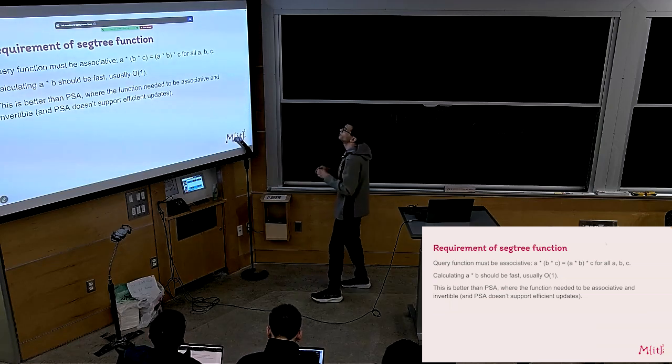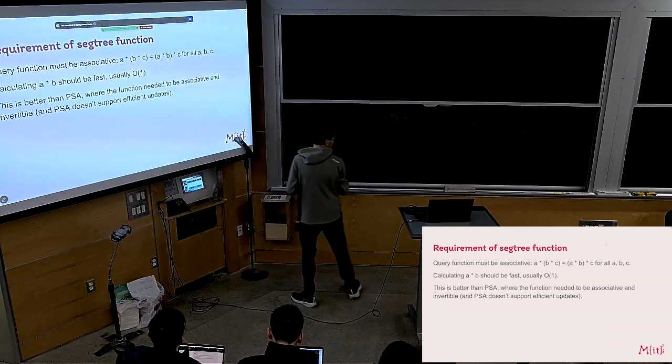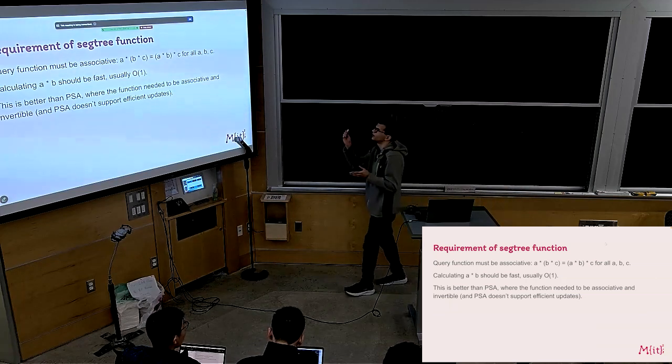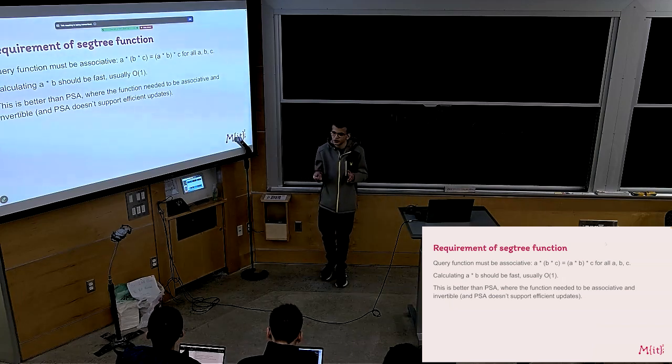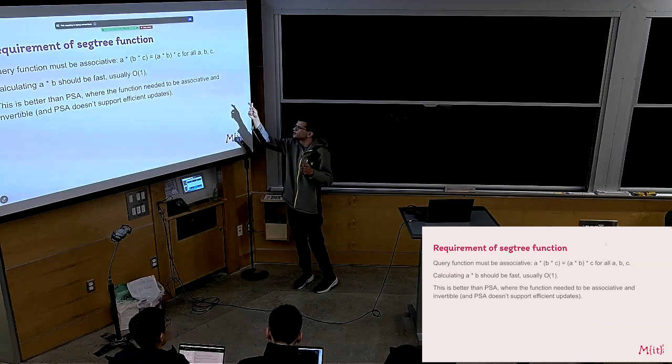For example, if our operator is just star, where star could be addition or max. For max you write the notation slightly differently as a function, but it's still a binary operator. That is the proper equation it has to satisfy.